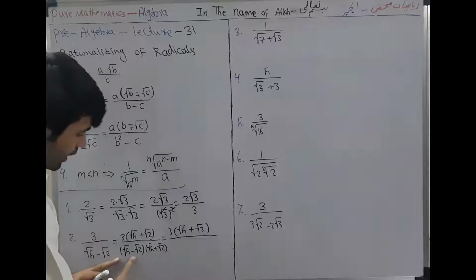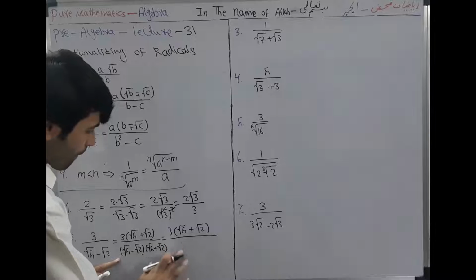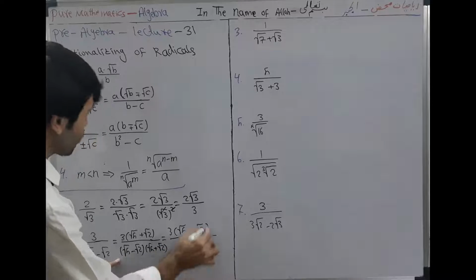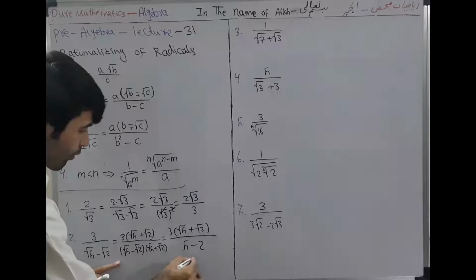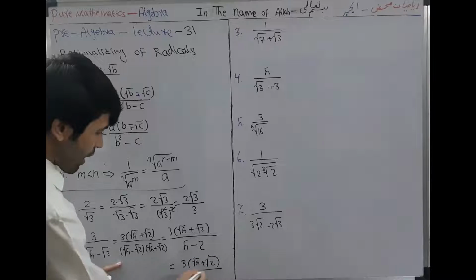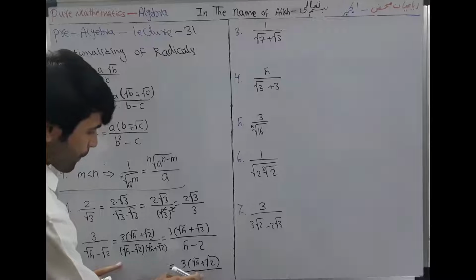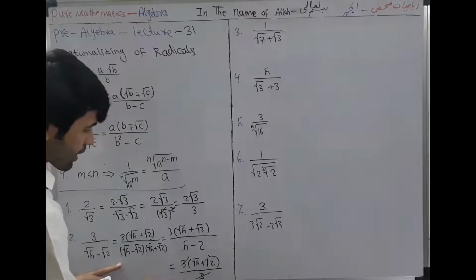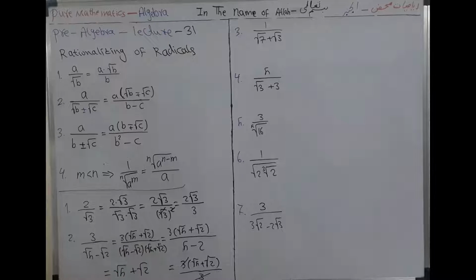If we have it like this, then we can easily write 5 minus 2 according to this rule. It is equal to 3 into square root of 5 plus square root of 2 over 5 minus 2, and 5 minus 2 is 3. These two cancel, then we get the result, square root of 5 plus square root of 2.